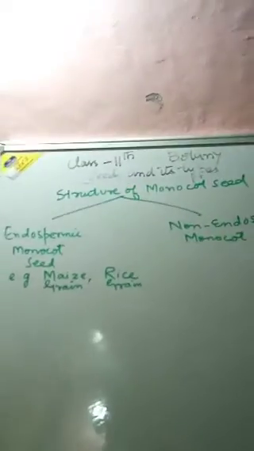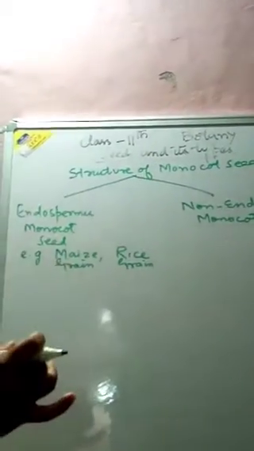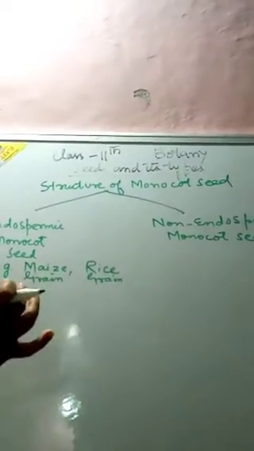If you recall the videos when we were discussing the types of fruits, there we said we have one that is called caryopsis, where in the grain the seed coat and the fruit wall, that is the pericarp, get fused with each other.